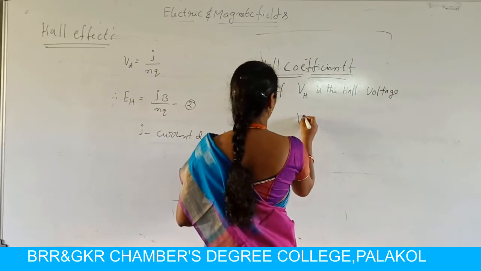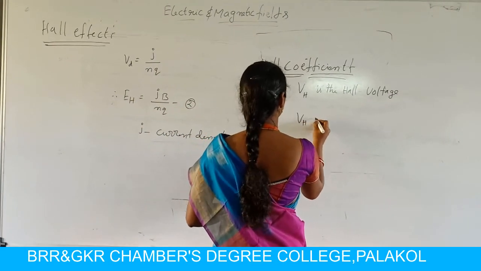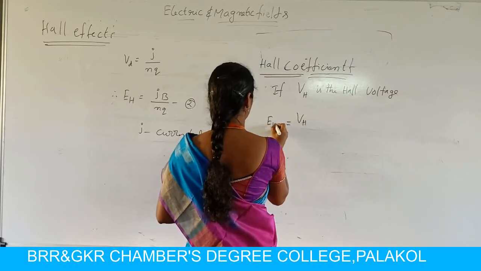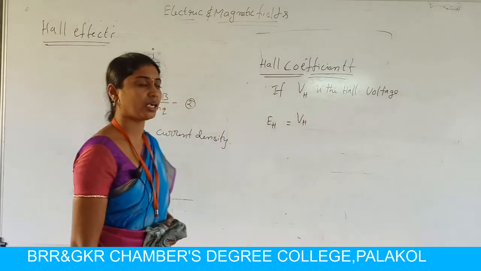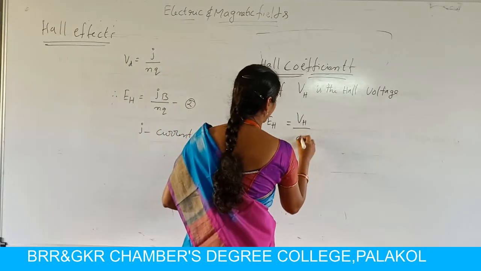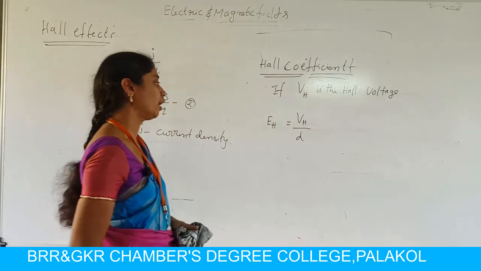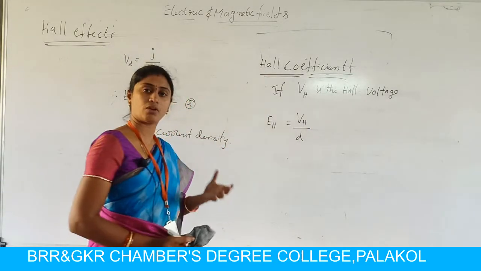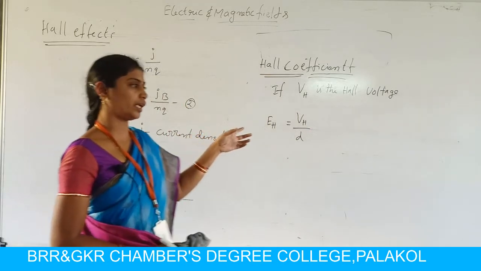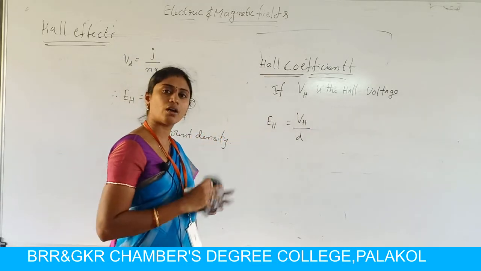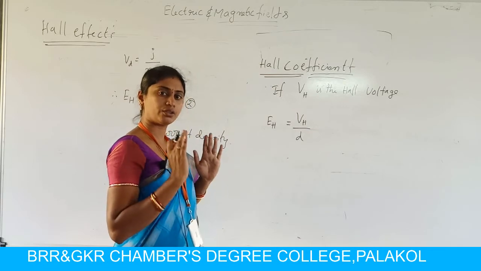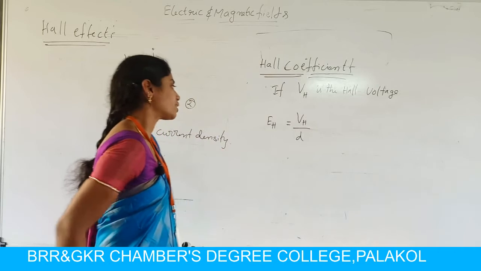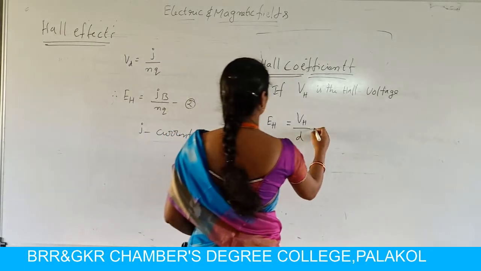Then the electric field E_H is nothing but V_H by d. Here V_H is the Hall voltage we considered, and d, the small d, represents the width of the strip in our diagram.